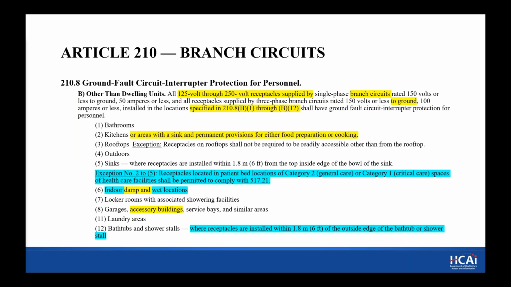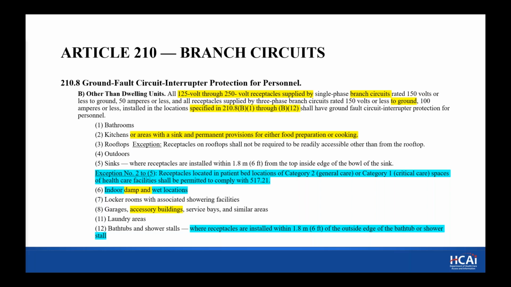We talked about ground fault circuit interrupters. So here's the first instance, Article 210, talking about branch circuits other than dwelling units. These areas, these rooms, need to have ground fault protection. Bathrooms, all devices in bathrooms need to have GFCI protection. Kitchens. The reason I highlight this is areas where a sink and permanent provisions for either food preparation or cooking occur.